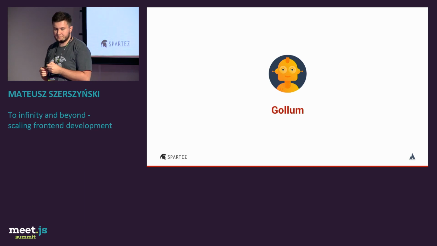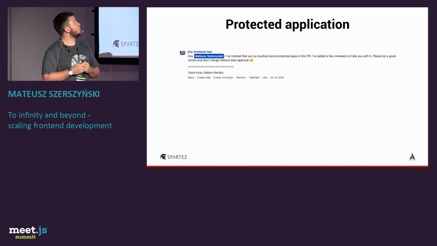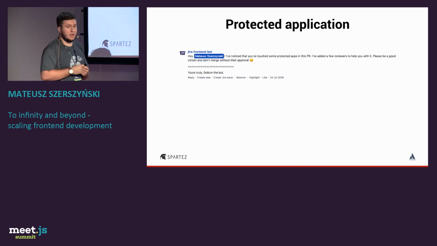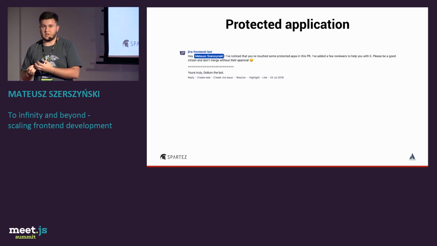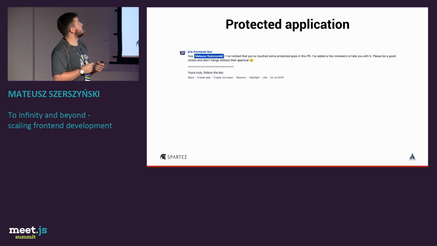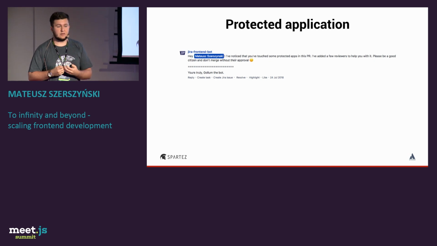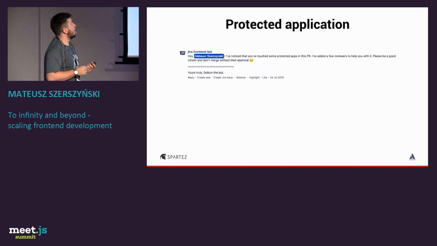So how does it work? We have a protected application, and let's imagine that someone outside, let me in this case, merge something and change something in the code which is not owned by me, but by someone else.